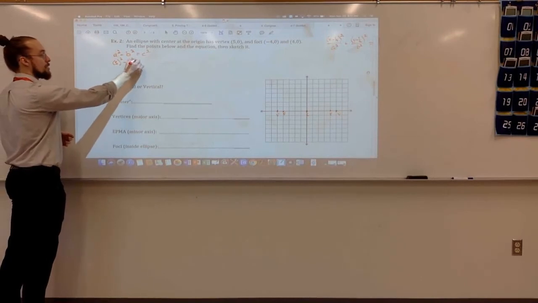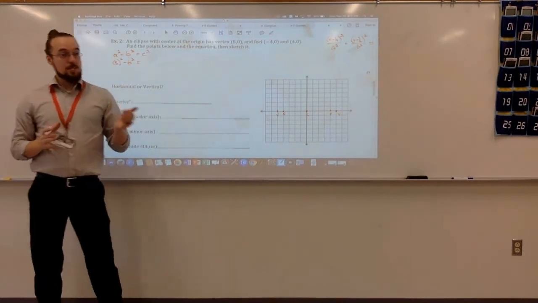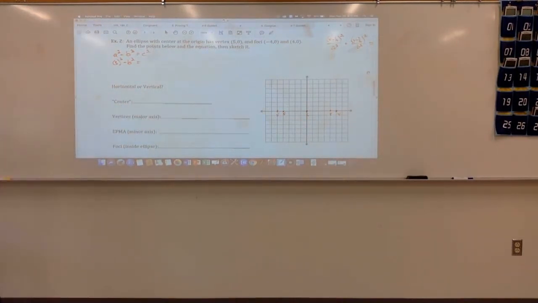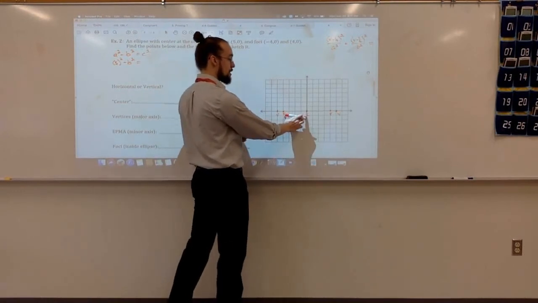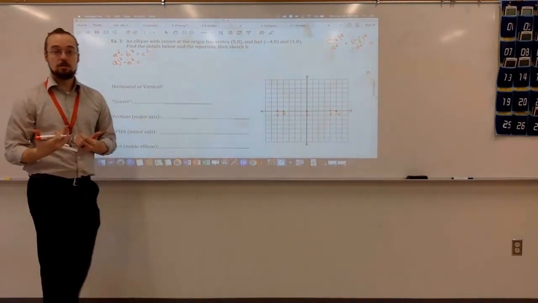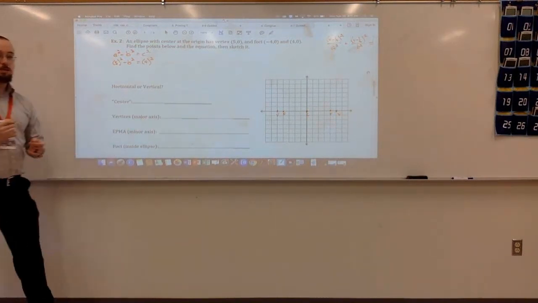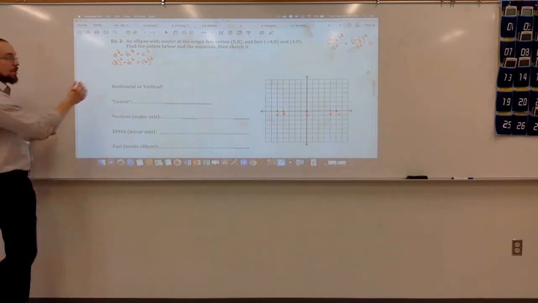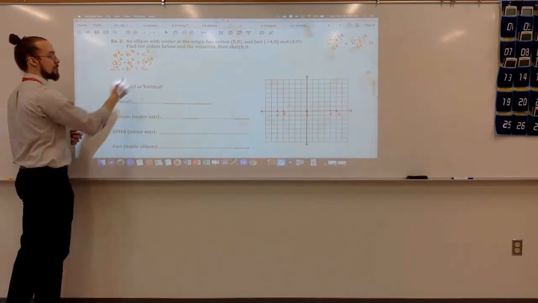So 5 squared minus b squared equals, now c squared we said is the distance from the center to a focus. So that distance is 4, so this is going to equal 4 squared. So we've got 25 minus b squared equals 16.